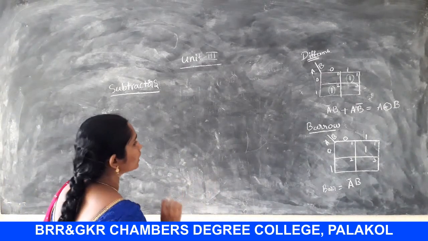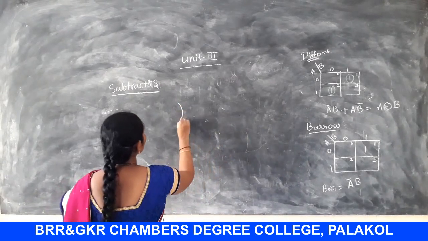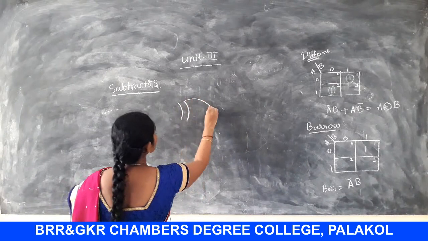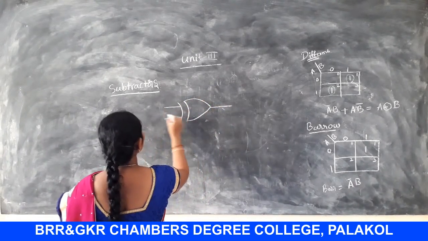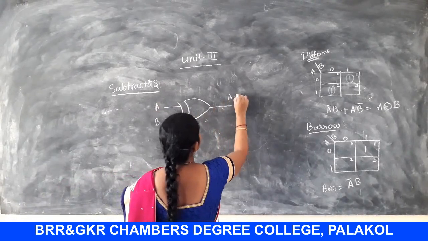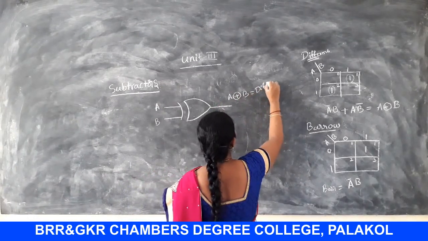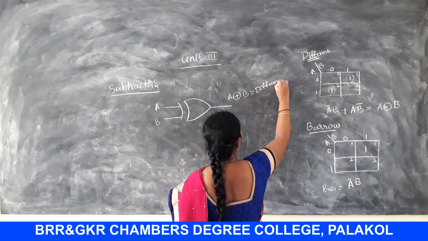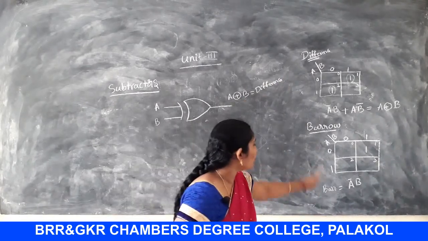Okay. So the logic diagram is, first one is the difference, that is A XOR B here. So that is A XOR B for difference. And next one is the borrow here.